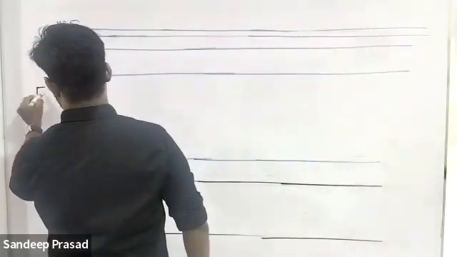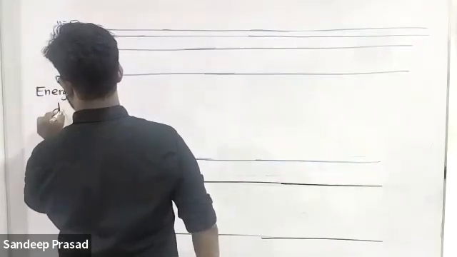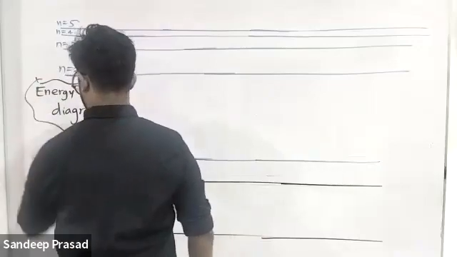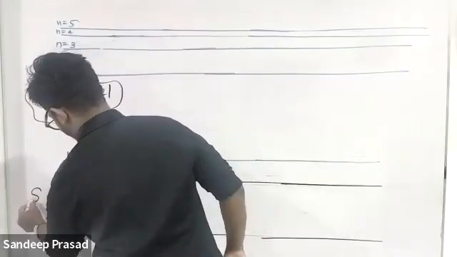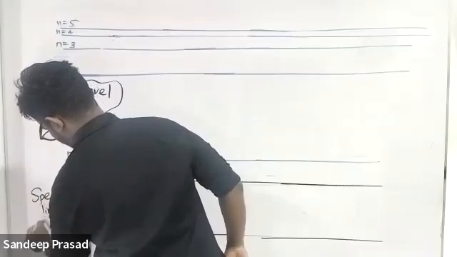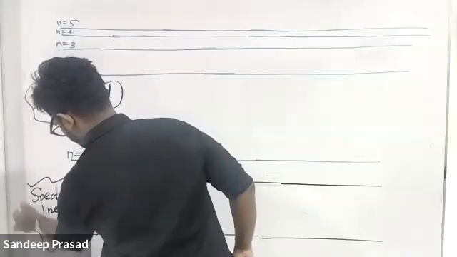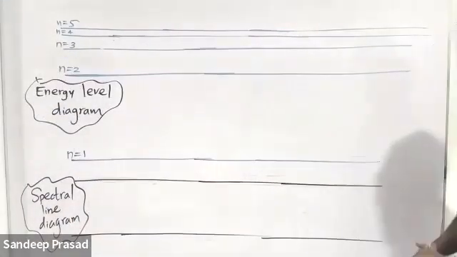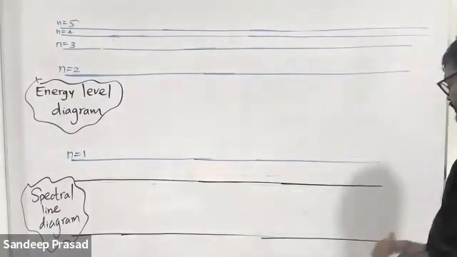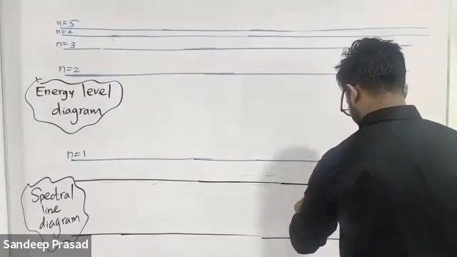This is the energy level diagram. And this is the spectral line diagram. Okay, right. Now, same as before, we know that we had these kind of lines.